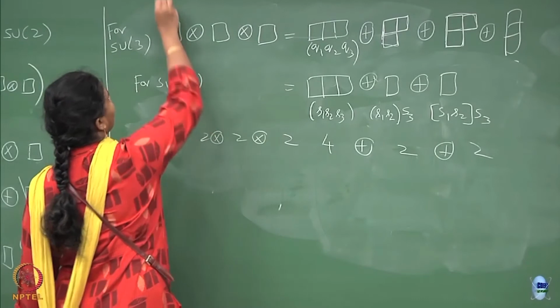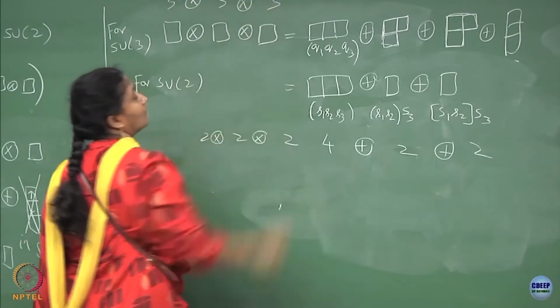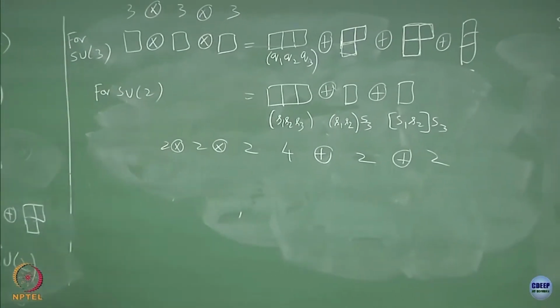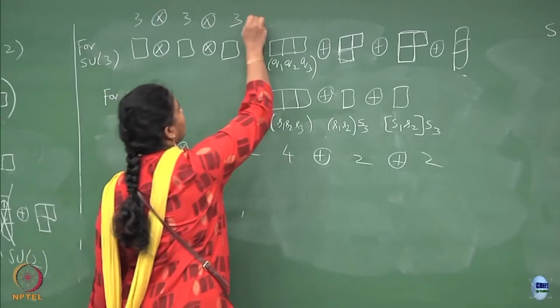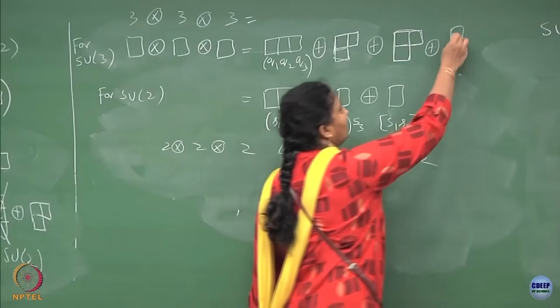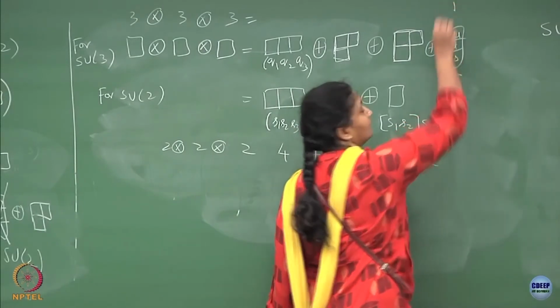So, what about here? SU3 by your Hook numerator. This is anyway I can see it to be a trivial representation. So, that is 1.